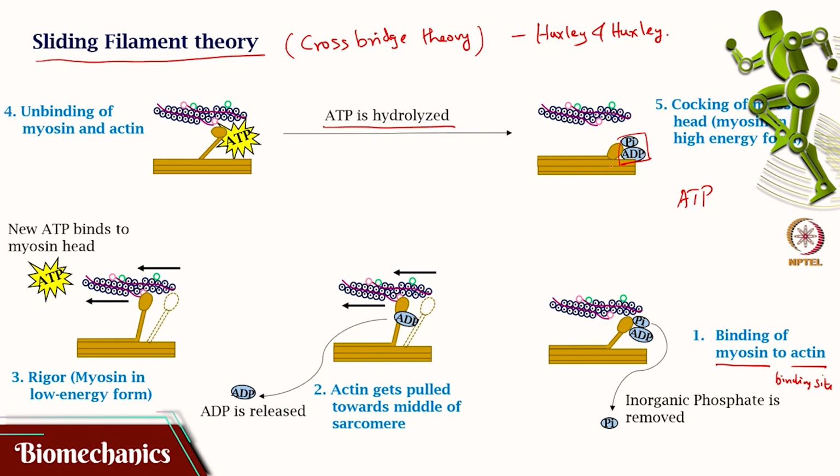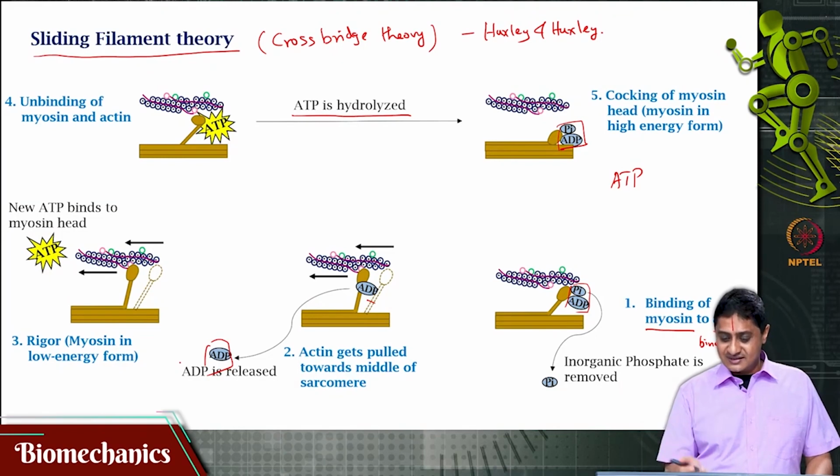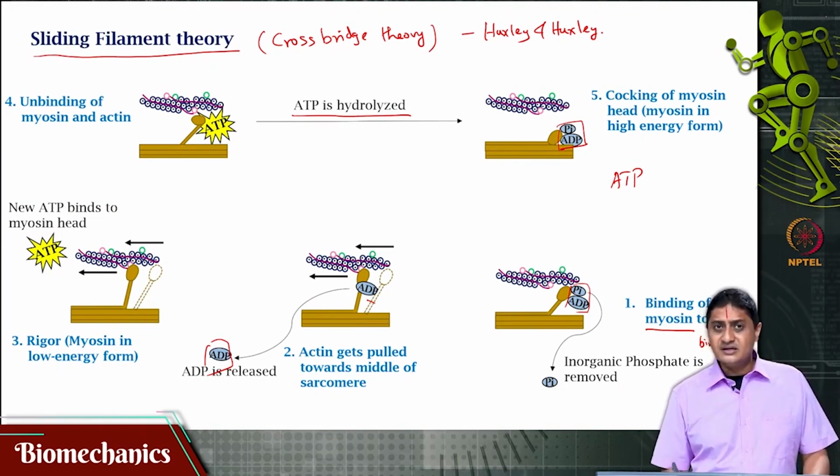So energy is available in the form of ATP, which is hydrolyzed and present as ADP and P, and the third phosphate bond is then broken. When it is broken, ADP is released, energy is also released. That energy is what leads to a conformational change in the myosin.